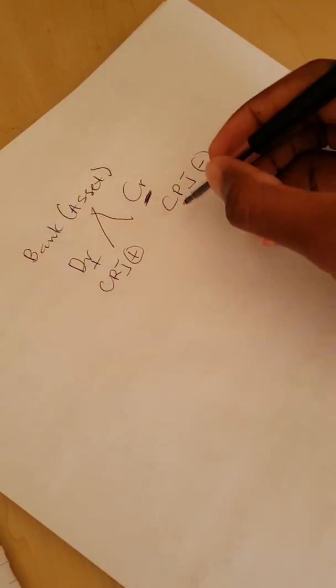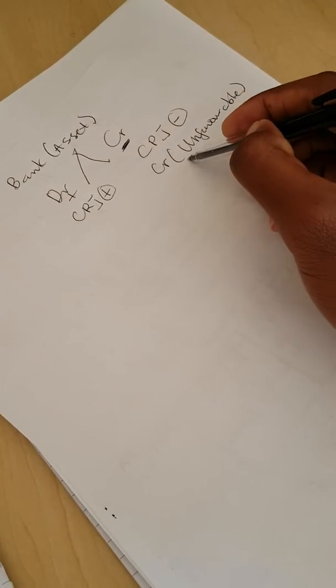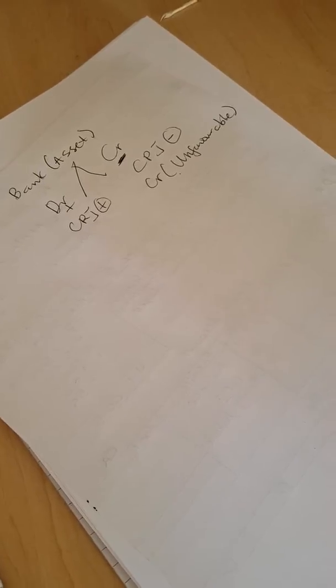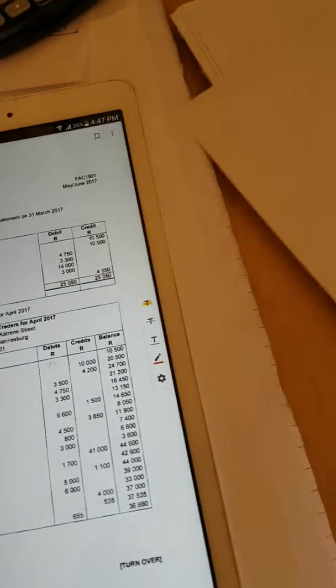So credit what? Unfavorable balance, unfavorable. So if the balance is unfavorable, it should be credited, or credit balance is the same thing. So this means that at the beginning of the month, which is April, the bank had a negative balance of, let me see, it's saying 4,550.